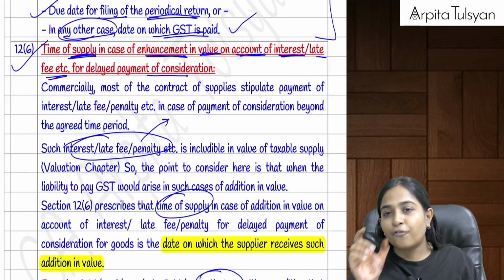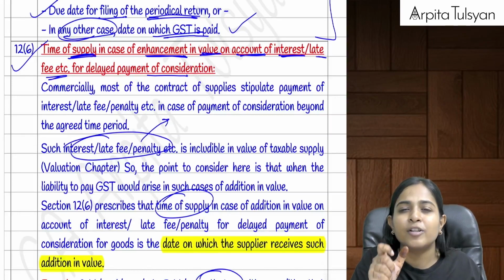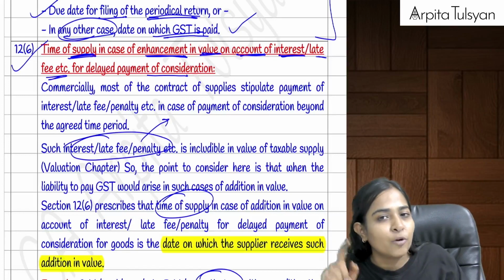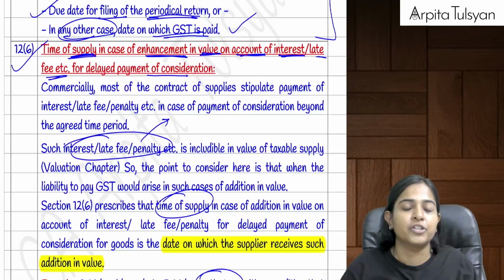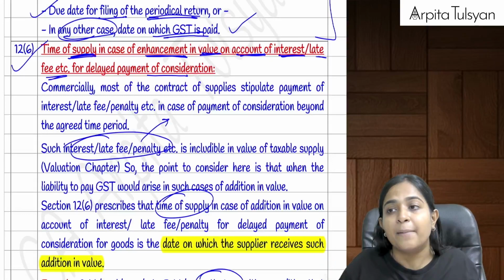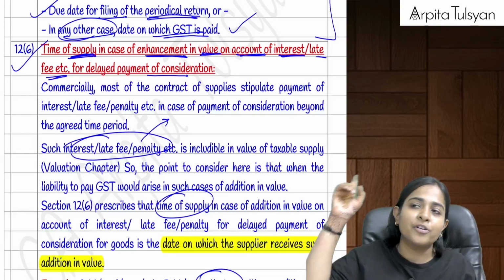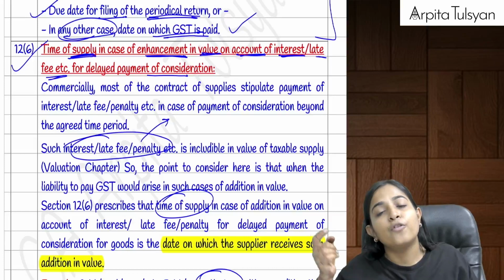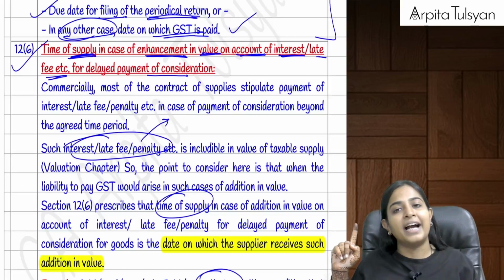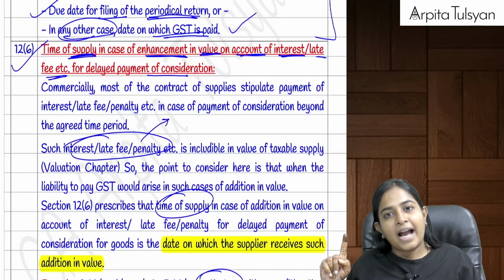Then for that 11,800, or for the 10,000 value of goods, time of supply will be calculated as per section 12.2 or 12.3, forward charge or reverse charge, or as per the other provisions of section 12. But for that 5,000, I am going to receive it late. So for that 5,000, the time of supply will be the date when we actually receive that 5,000. Are you clear with this?